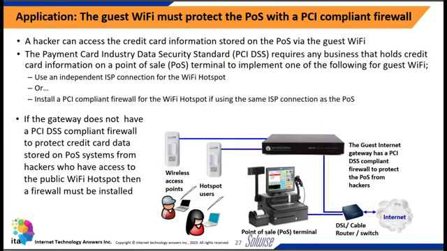A lot of devices are compromised with a Trojan virus, and so somebody sitting in China is going to have access to that point of sale once the guest connects. And so we need to install a firewall. A Wi-Fi gateway product will have this firewall that blocks access to our point of sale terminal.